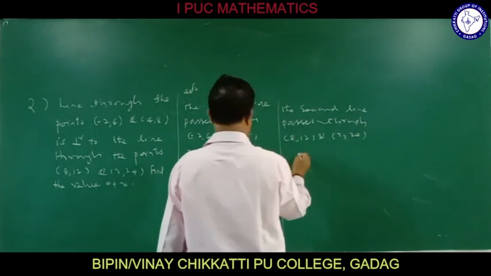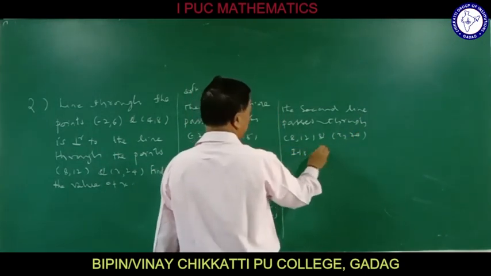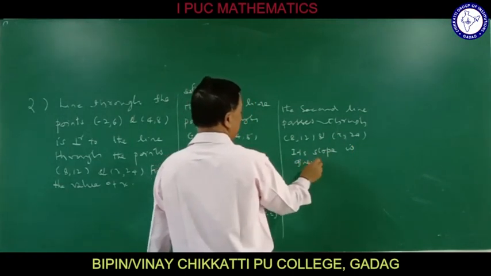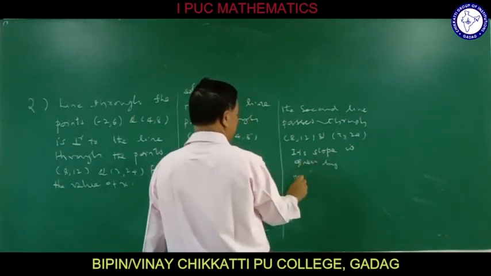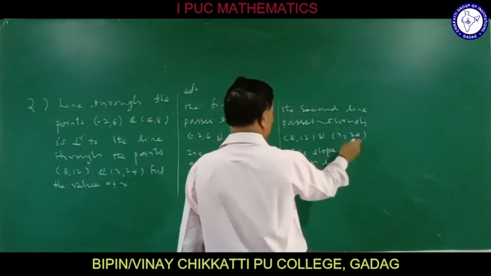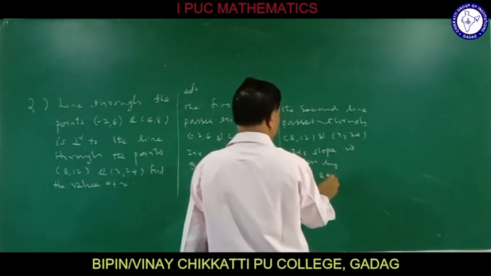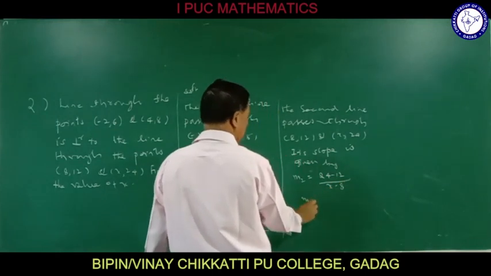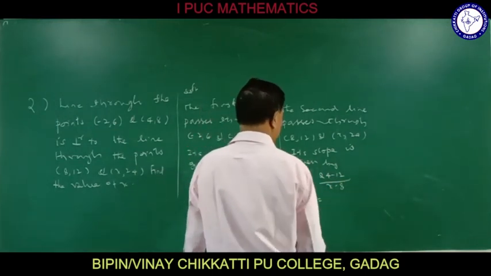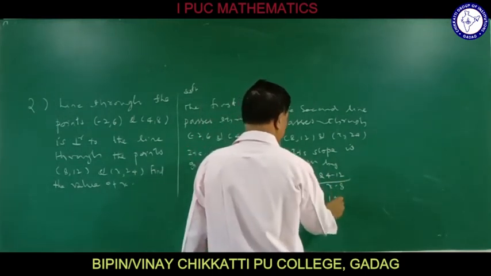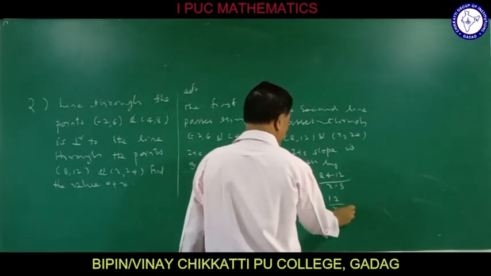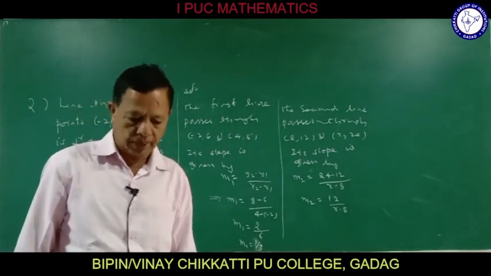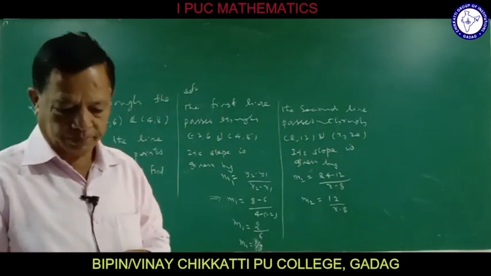Its slope is given by m2 is equal to y2 minus y1 divided by x2 minus x1, that is 24 minus 12 divided by x minus 8. So m2 equals 12 by x minus 8 you have got.